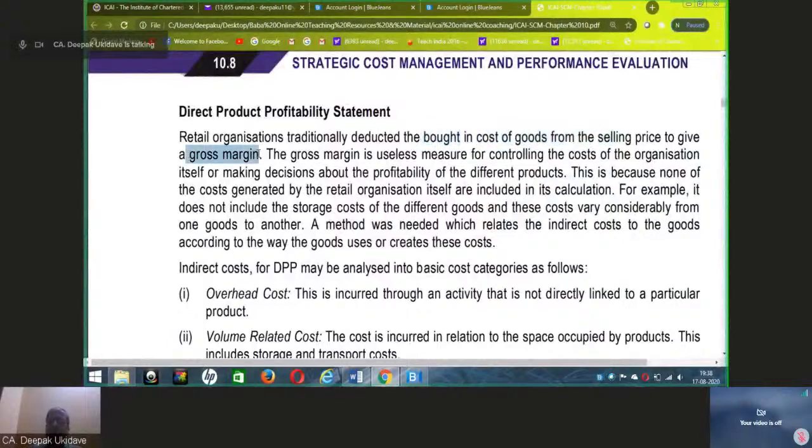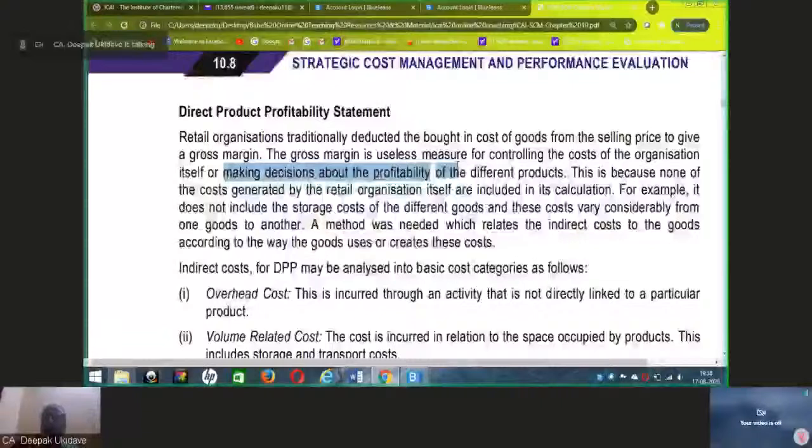That's it. But now gross margin is useless, very categorically. It is useless in decision making. It is a useless measure for controlling the cost of the organization or making decisions about the profitability of different products. If I want to measure product profitability, I cannot measure it at the net profit level using this traditional approach.